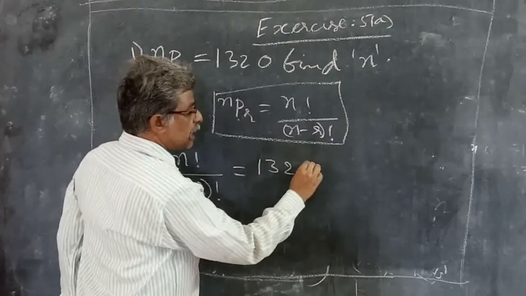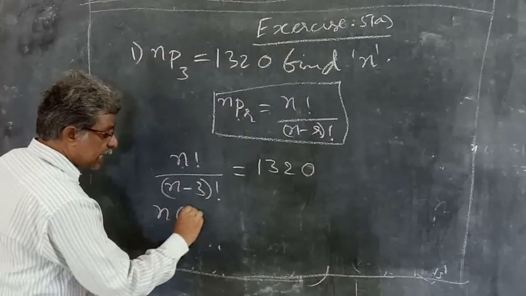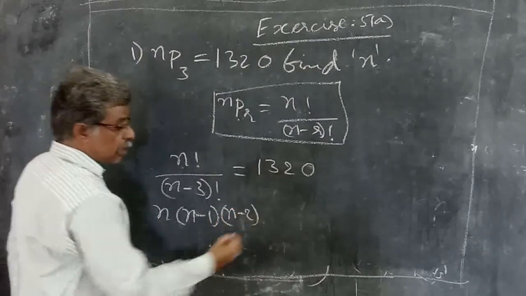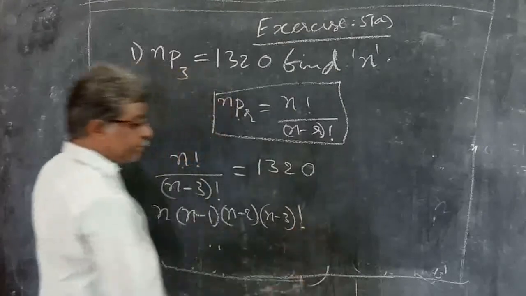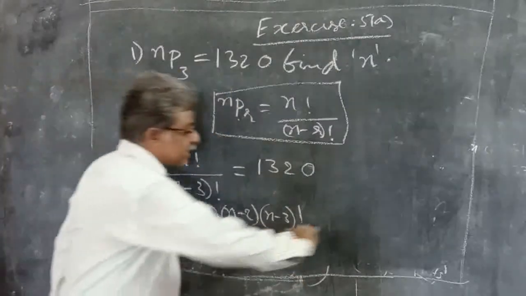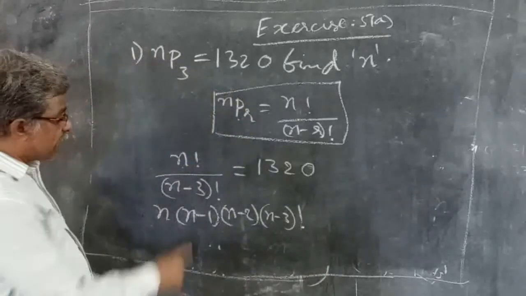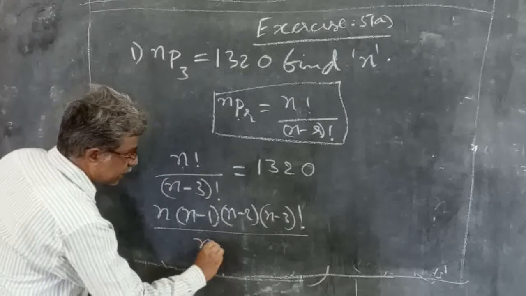Now logically do this. First, N factorial we can write as N into N minus 1 into N minus 2 and so on till 1. I can stop at N minus 3 factorial instead of writing till 1, because N minus 3 factorial is nothing but N minus 3 to 1. So I will always stop depending on the denominator.